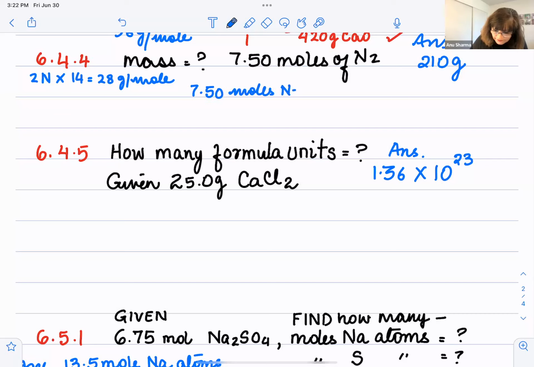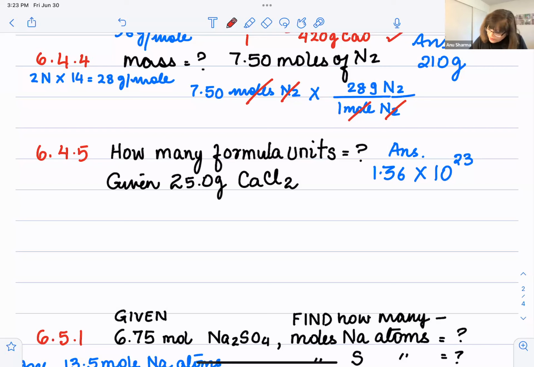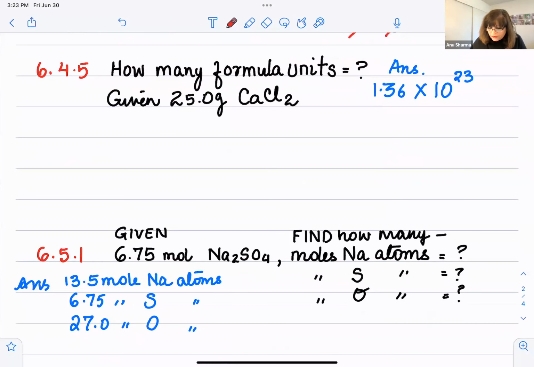What do you get here? 7.50 times 28, and you have 210. So this is 210 grams of nitrogen. Okay, that's the answer.